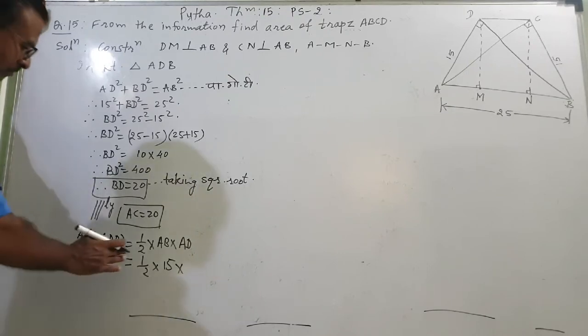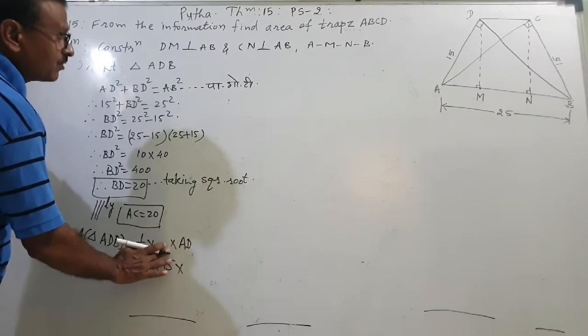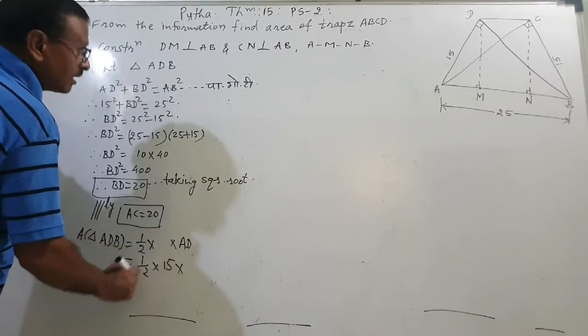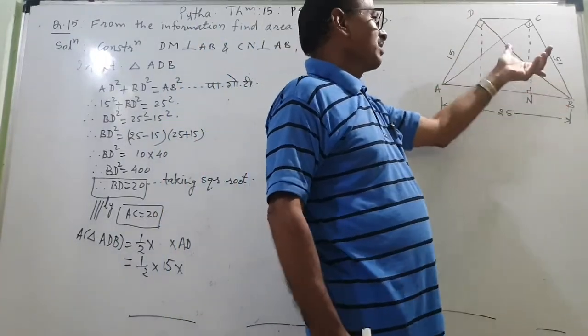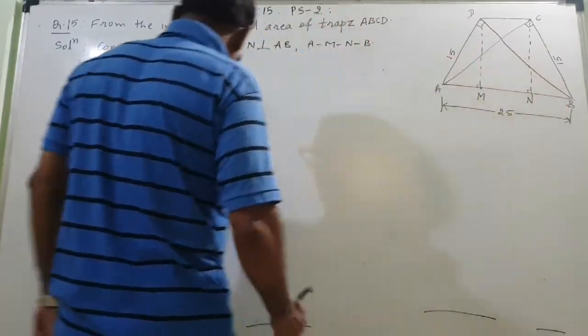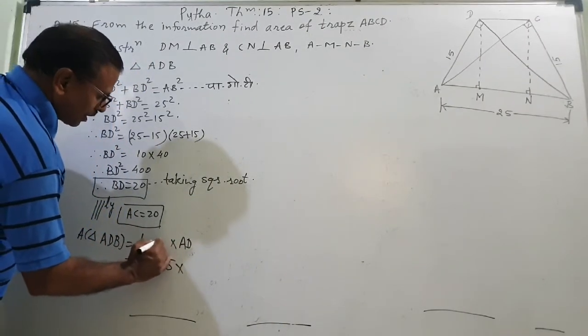AB, not AB. AD into BD. This base and this height, or this base and this height. AD into BD.